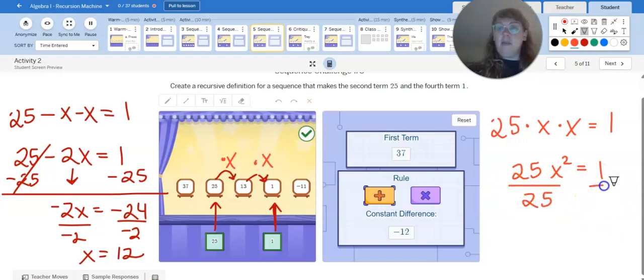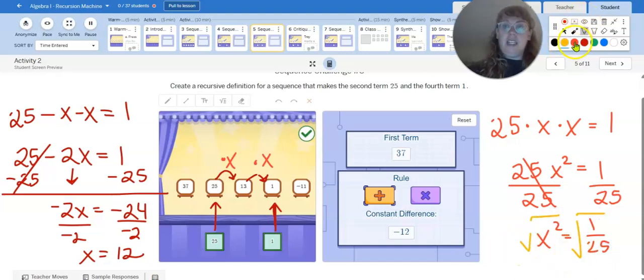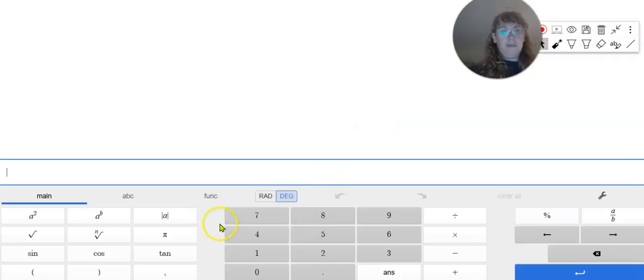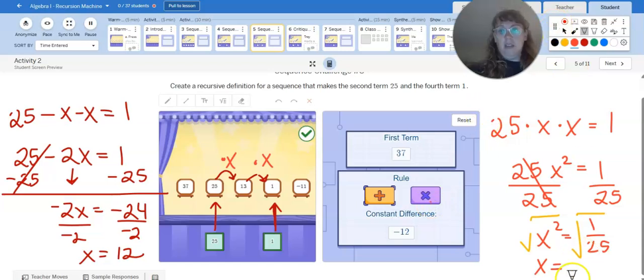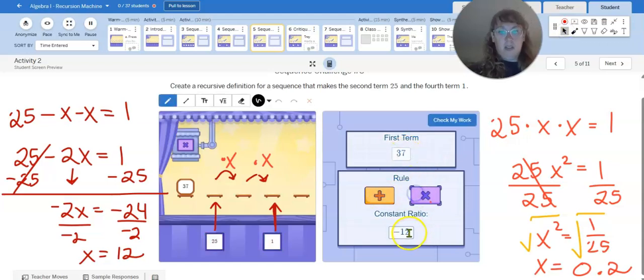Divide both sides by 25 to get x alone, and we get x squared equals 1 over 25. Last step to get x alone is to take the square root of both sides, and that gets us x equals, just to show you in the calculator, the square root of 1 over 25 is 0.2 or 1/5. So we're multiplying by 0.2, which is 1/5. So this is constant ratio of 0.2.